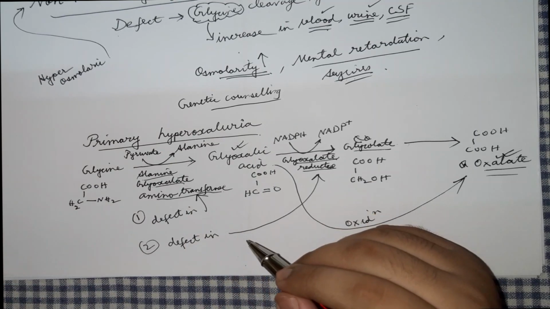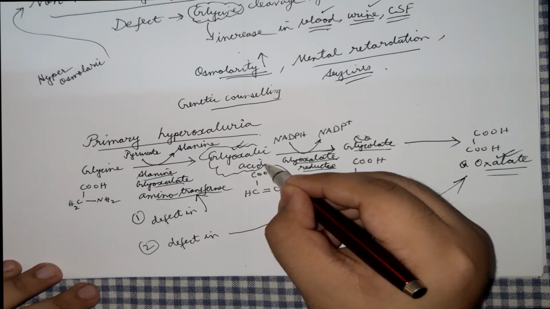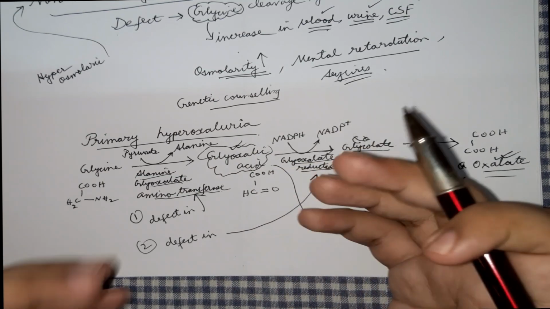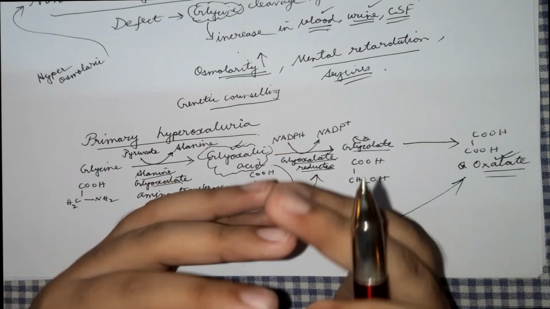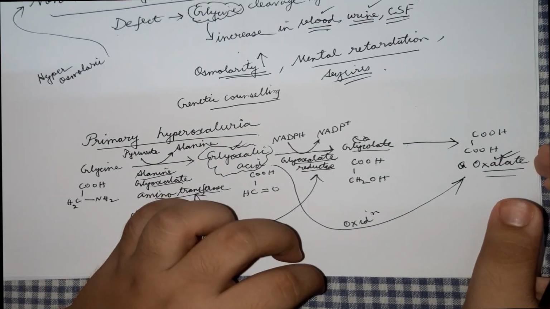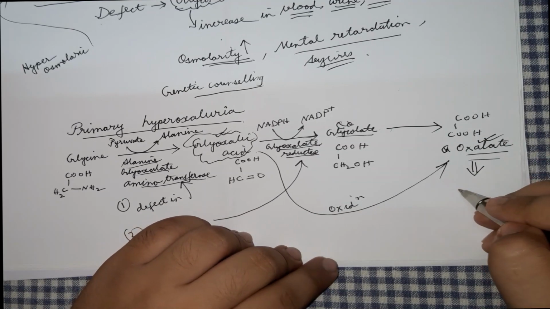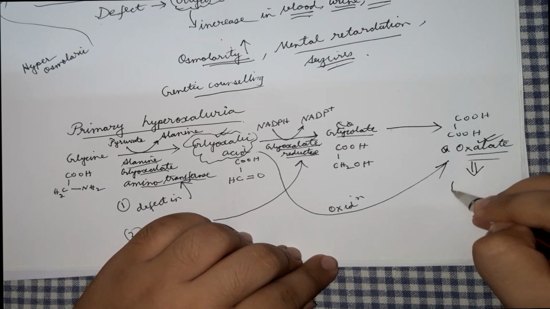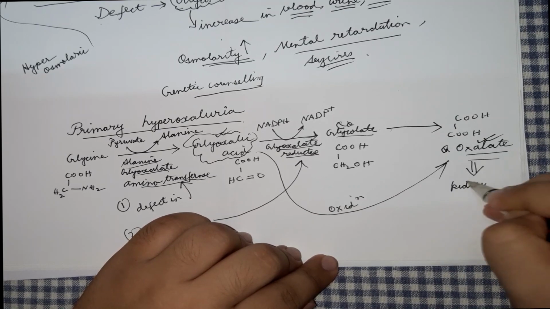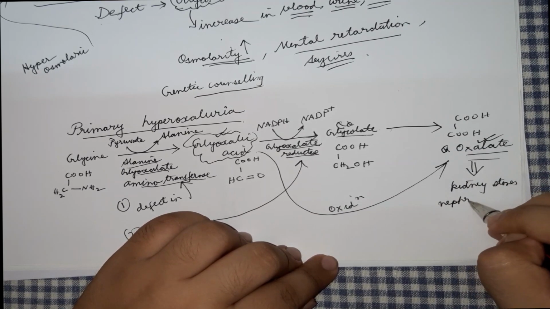Defect in these enzymes leads to an increased pool of this glyoxalic acid in our body, and hence more amount of glyoxalic acid means more amount of oxalate is formed. This oxalate is actually deposited in the kidneys as kidney stones, right? And hence the condition is known as nephrolithiasis.